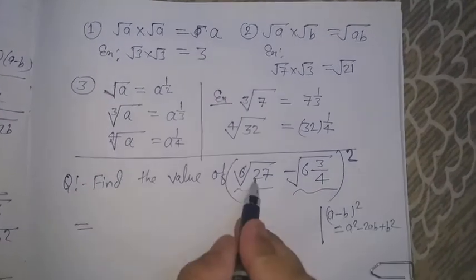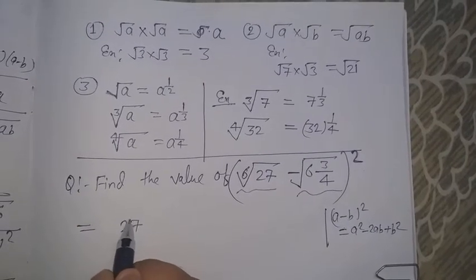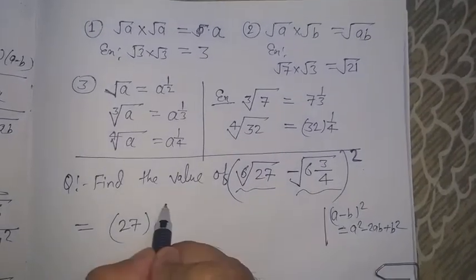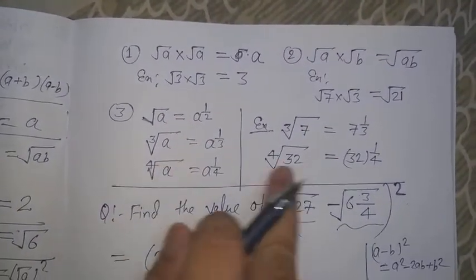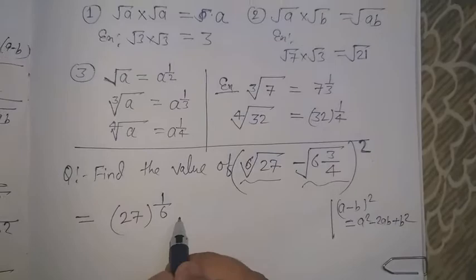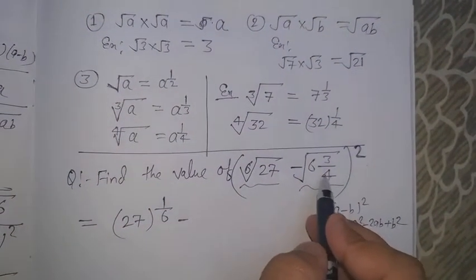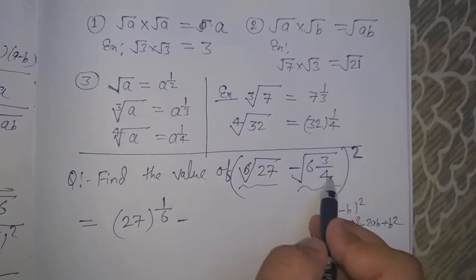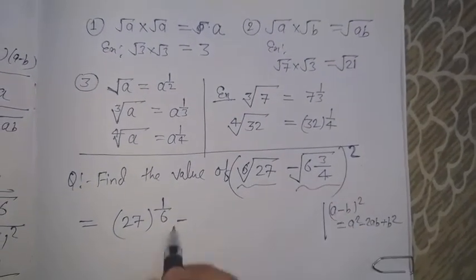We can write 27 to the power 1 by 6, because 6 is there according to this concept, and minus you can write 6 4 ja 24 and 24 and 3 27.